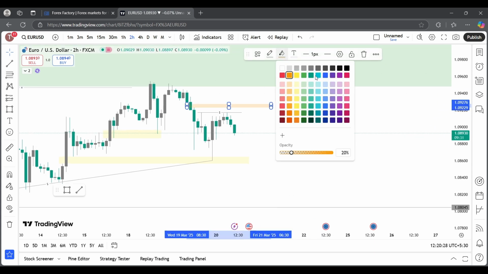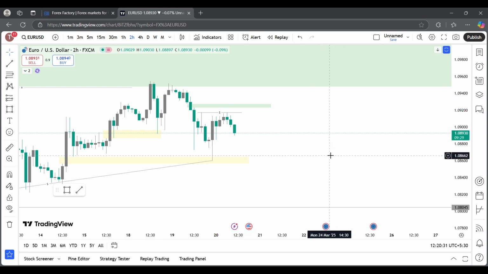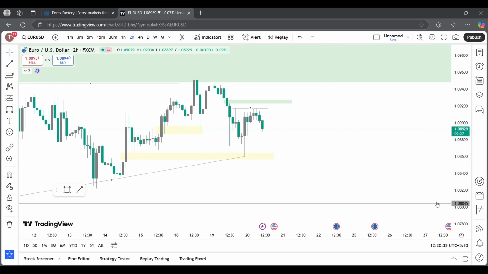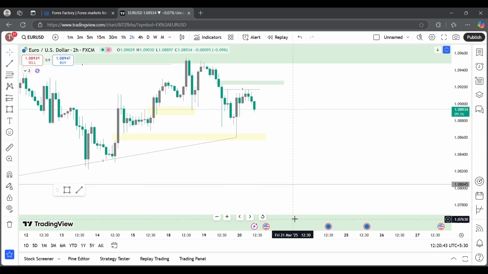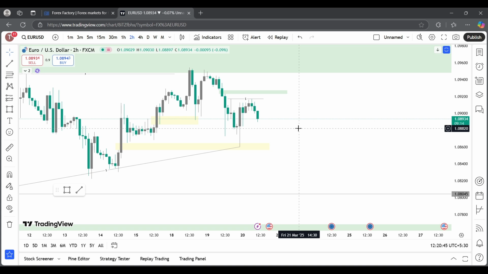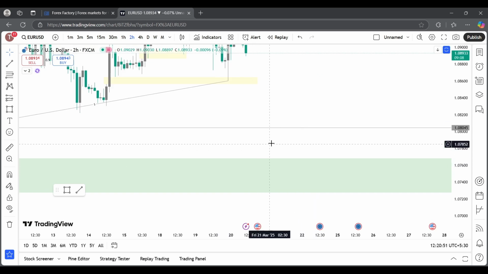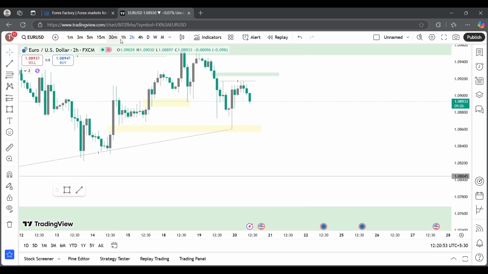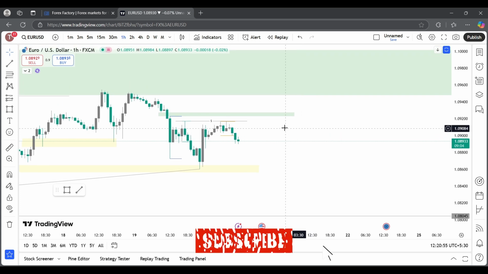Let's mark it in green color. Now I'm anticipating that the price can possibly come down, mitigate something over here, come up, and then go all the way down till this level, which is the first target, a weekly FVG, and the next target is this daily BPR. So let's move to the 1 hour to see what we have in here.